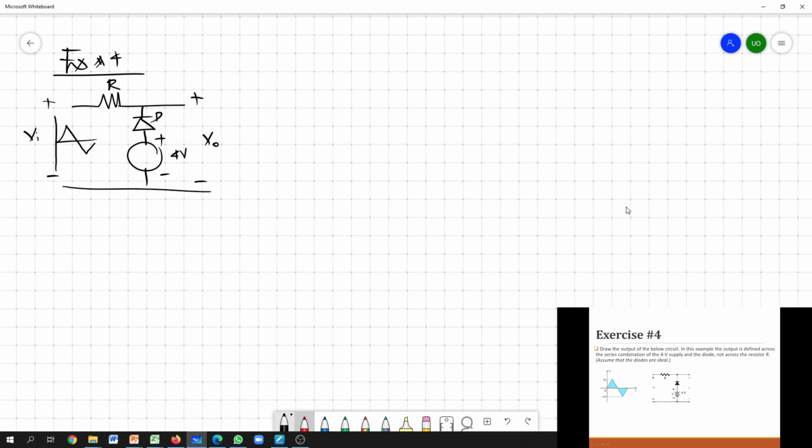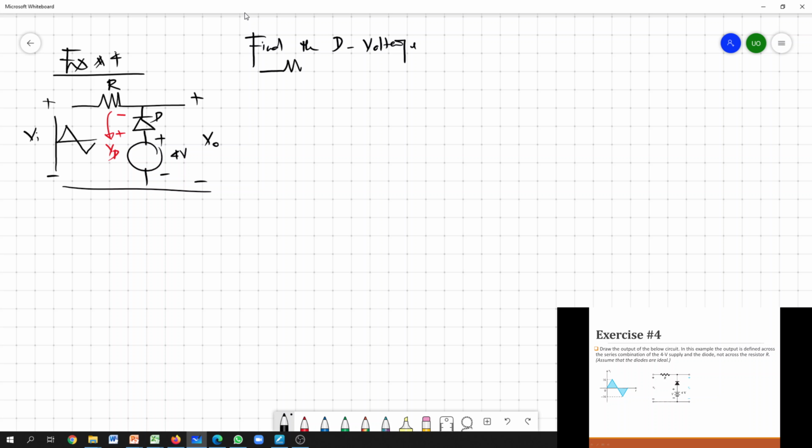So similarly, like in the previous one, we can mark the polarities. So this is the voltage, actually from minus to plus. So find the diode voltage.